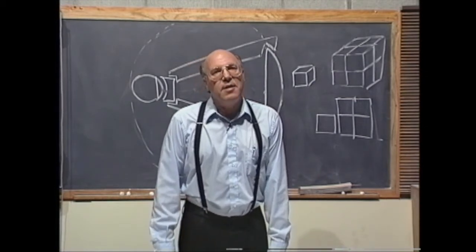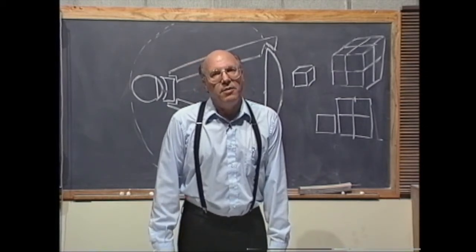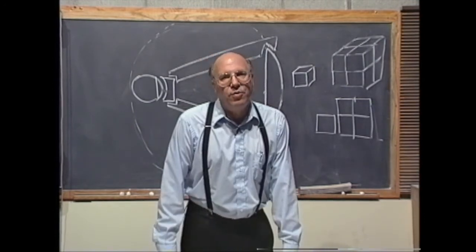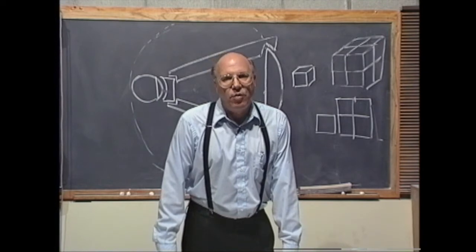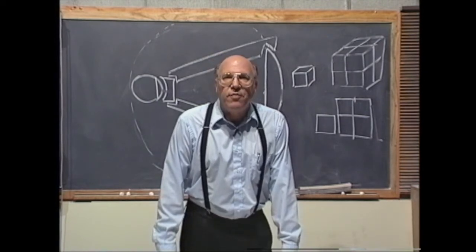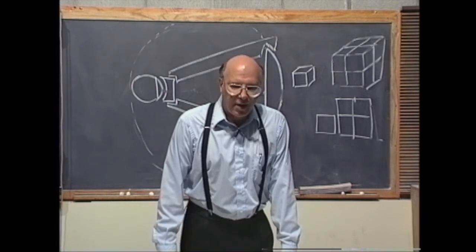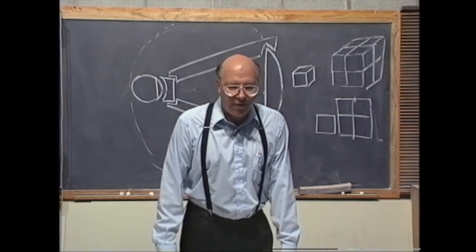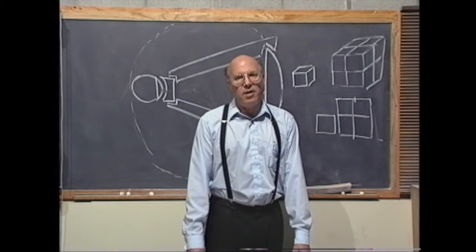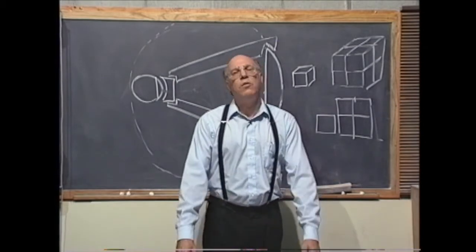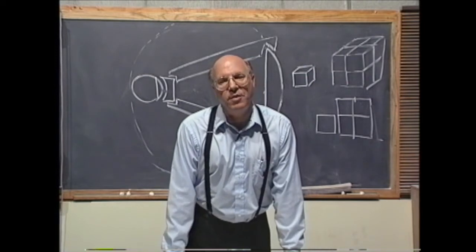Now, at the time that Galileo was active, philosophers ruled the universities. And of course, the number one philosopher that everybody studied was Aristotle. Aristotle was the king of philosophers. And Aristotle's view was essentially the pre-Copernican view.